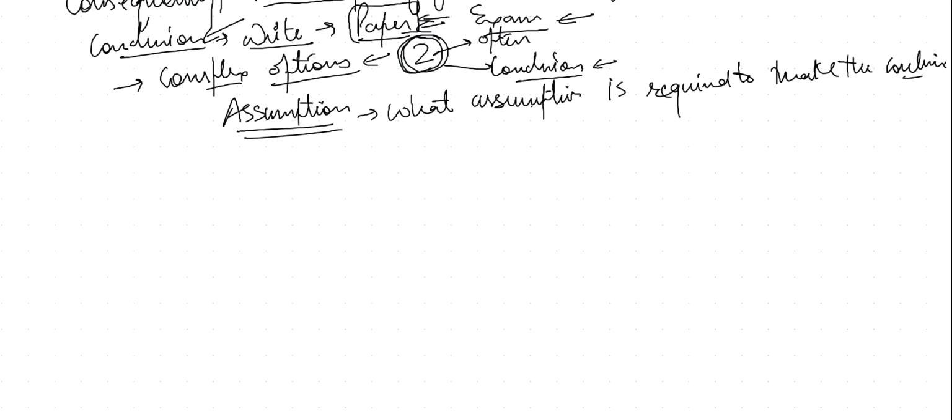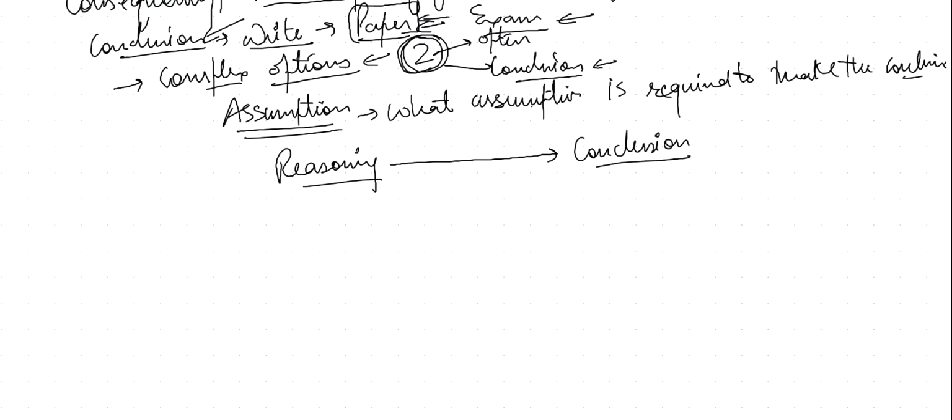So what is an assumption? Let's see. You'll have some reasoning or logic based on which you are making a conclusion. That's how we understand the argument. How is the author arriving at that conclusion? How simply means what is the reasoning behind making that conclusion? Assumption would be the link between reasoning and conclusion.